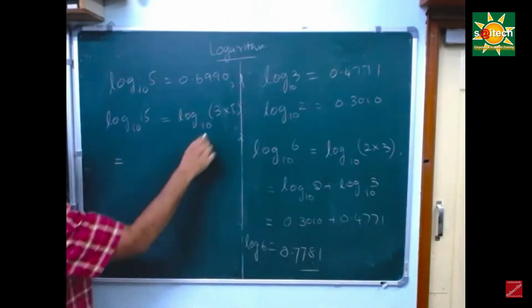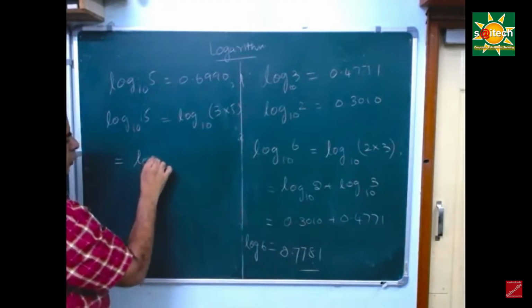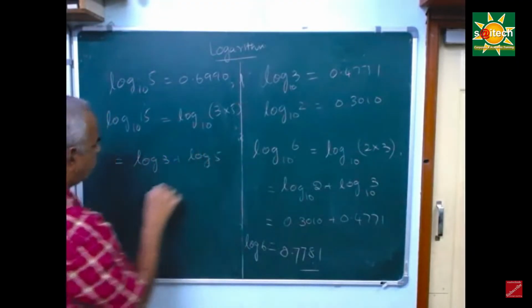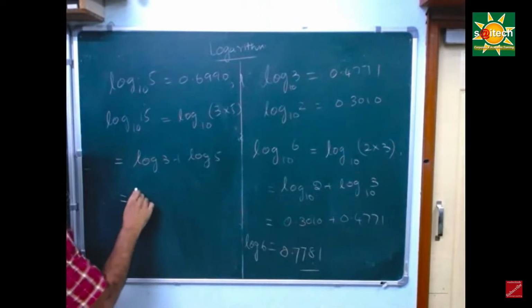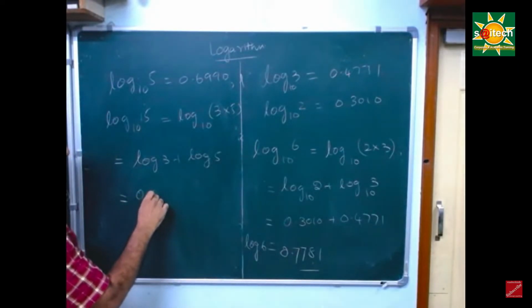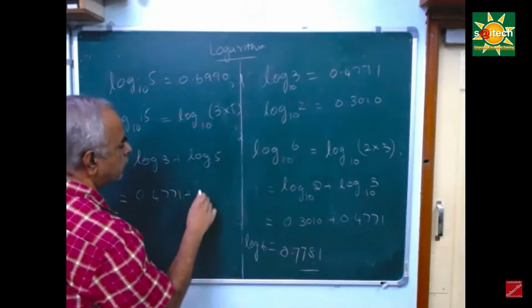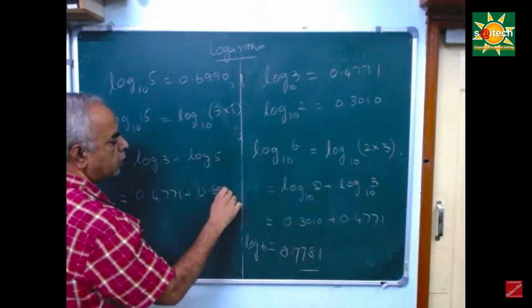Therefore, you can apply the product rule. So log 3 plus log 5. You know the value of log 3, what is that? 0.4771 plus log 5 is 0.6990.